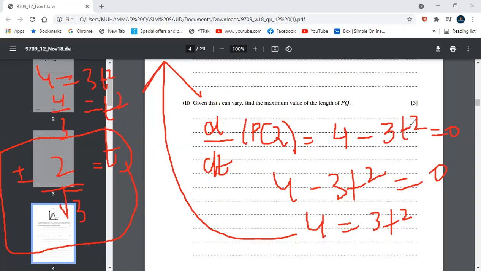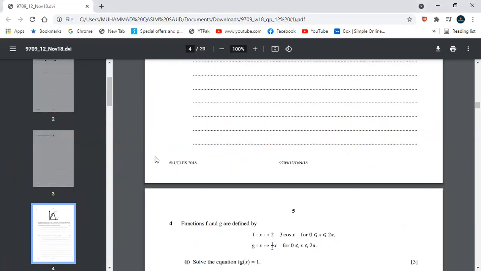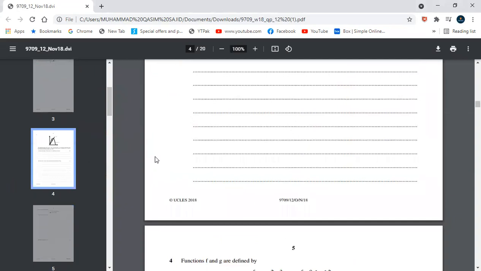So putting the value of t here to find the respective value. The maximum length, after the elaboration, will be 16 upon 3 under root 3. Just putting the value here. So this is part 2, and this is the end of question number 3.